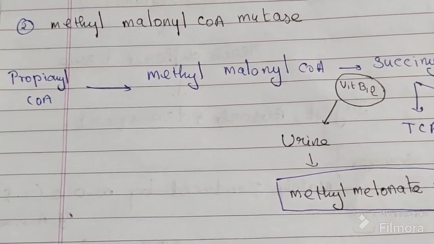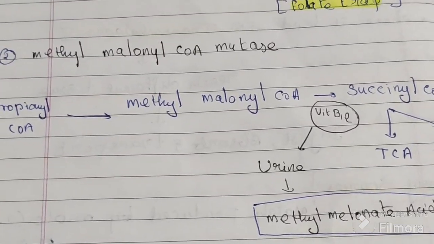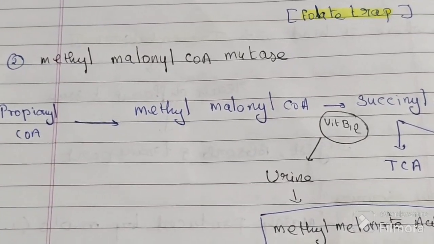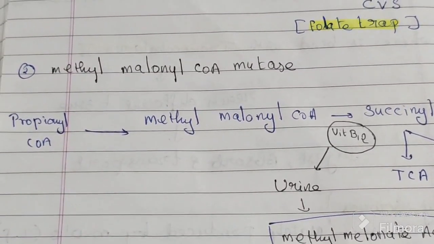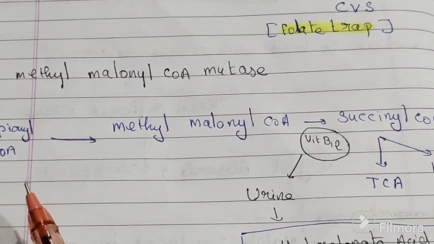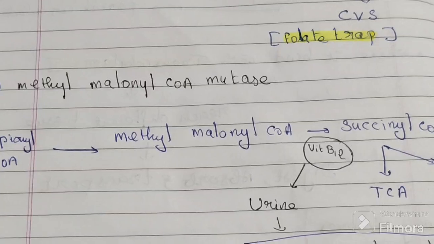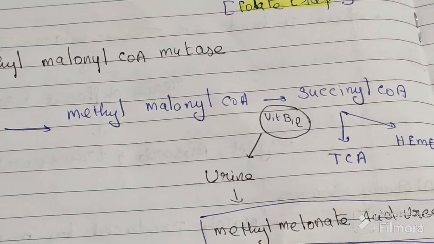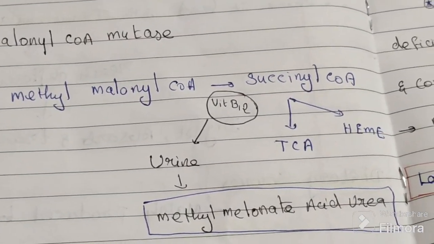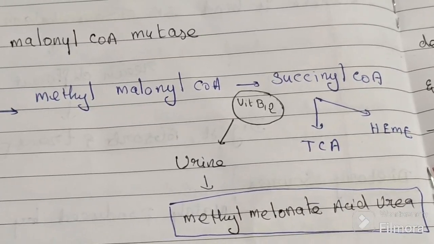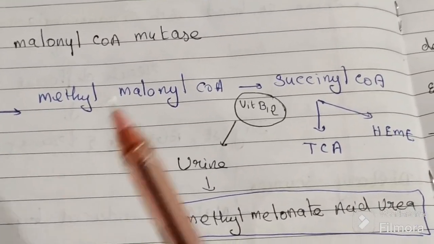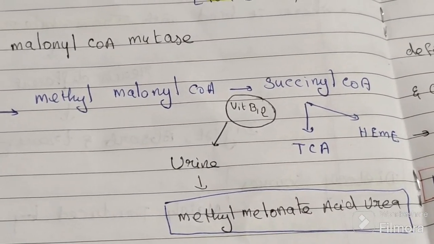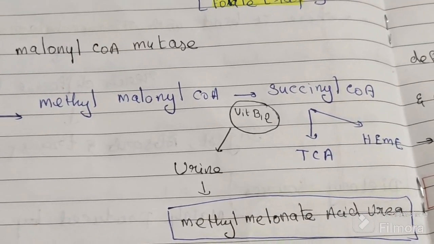Propionyl coenzyme A, which is produced by the oxidation of odd-chain fatty acids, is converted into methylmalonyl coenzyme A by propionyl coenzyme A carboxylase. This methylmalonyl coenzyme A is converted into succinyl coenzyme A. This is the vitamin B12 dependent reaction. In deficiency of vitamin B12, methylmalonyl coenzyme A is excreted in urine.